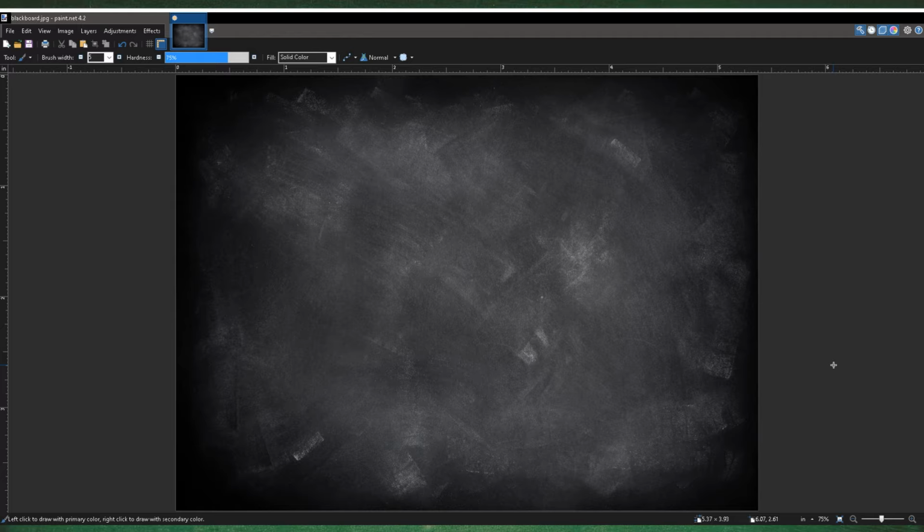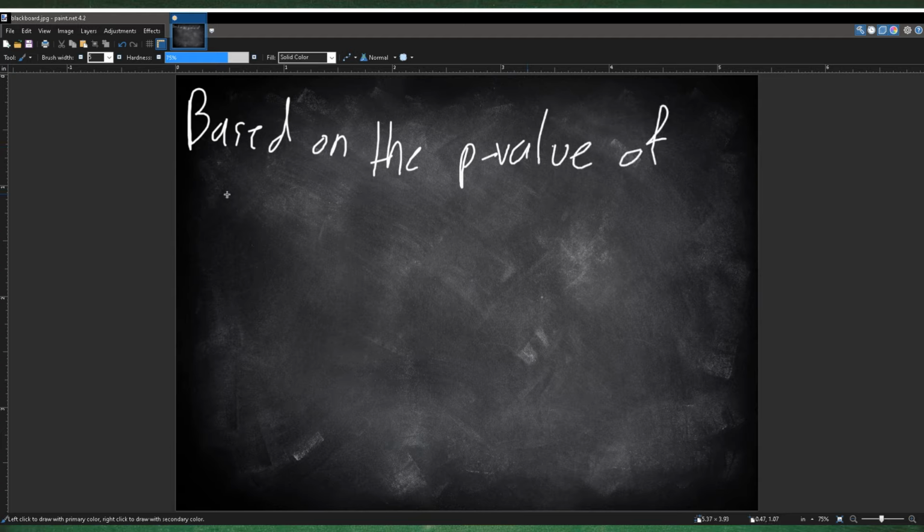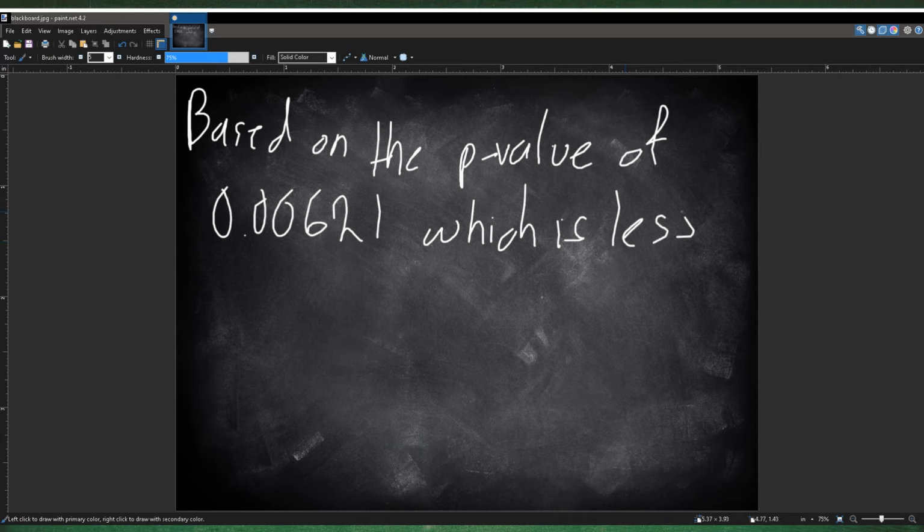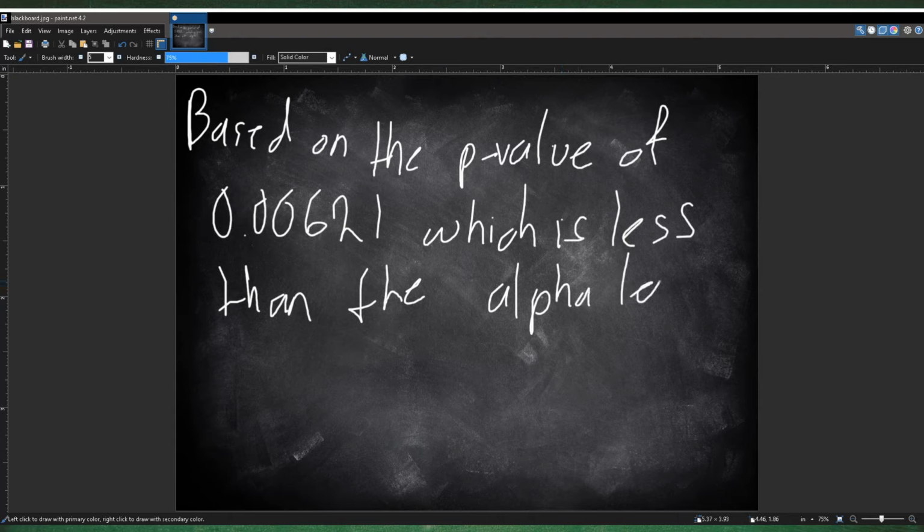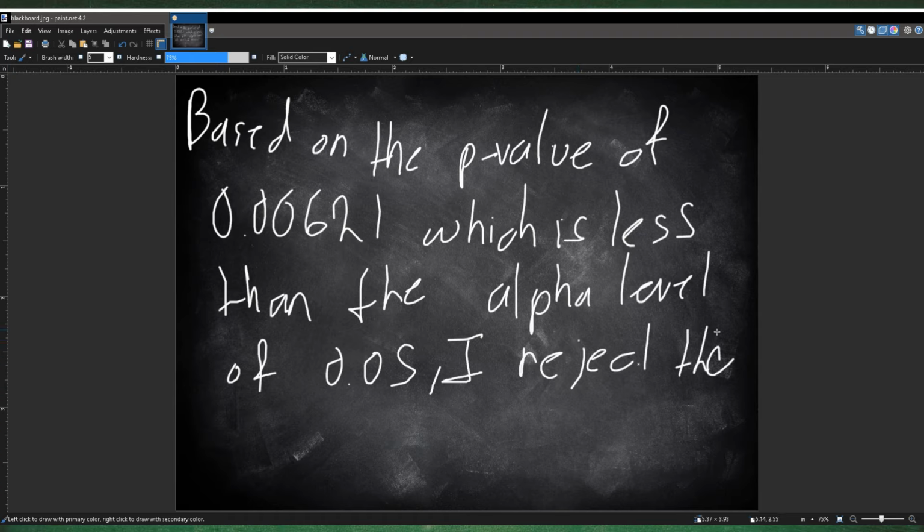So based on the p-value of 0.00621, which is less than the alpha level of 0.05, I reject the null hypothesis.